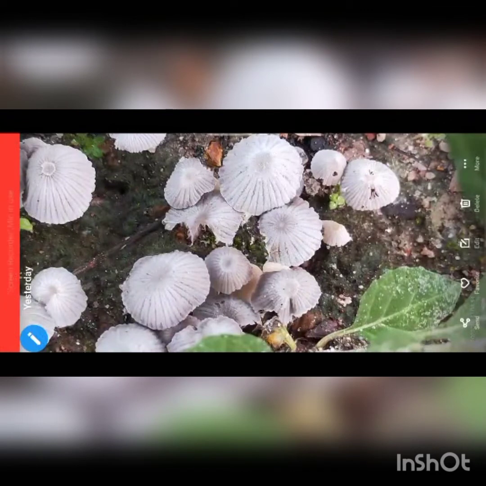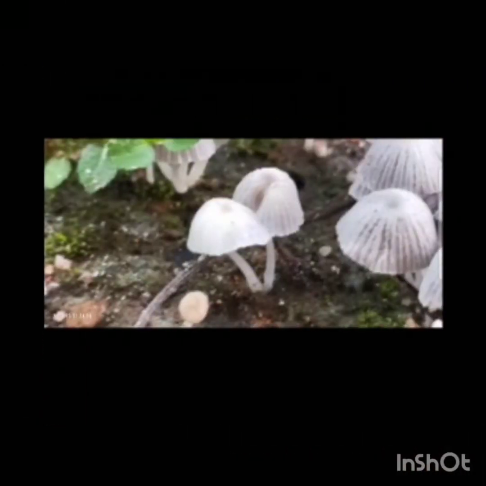Saprophytic mode of nutrition. Saprotrophs depend on dead and decaying organic matter for their food. These organisms break down the food material outside the body and then absorb the digested materials. Now in this picture you can see some mushrooms. Usually they pop up after a rain.